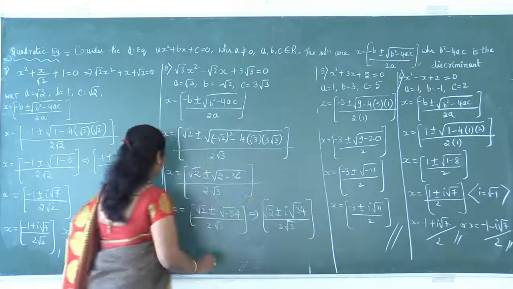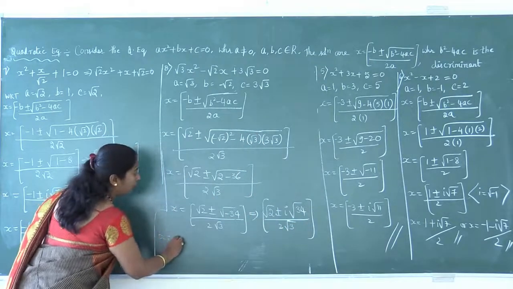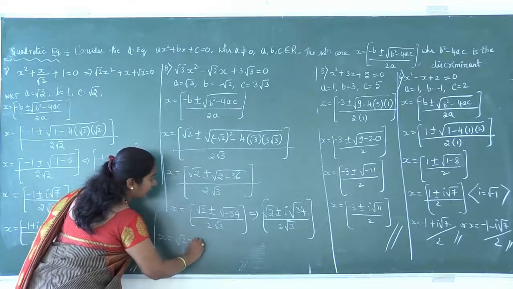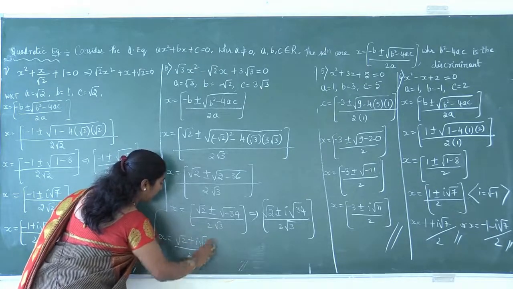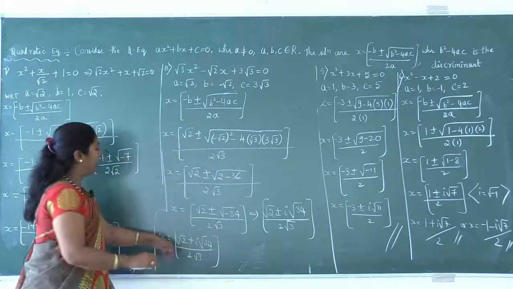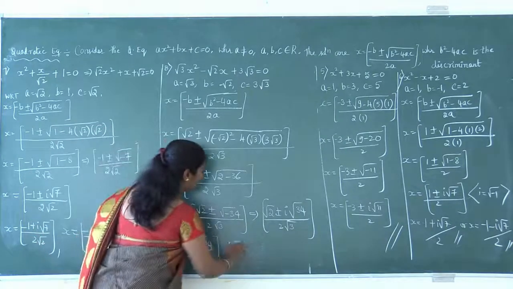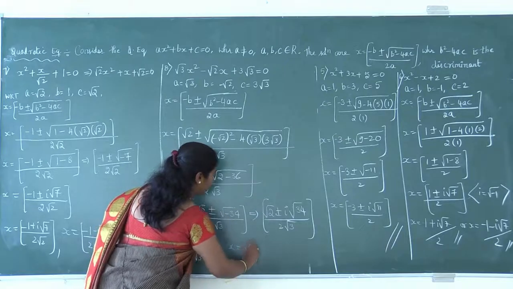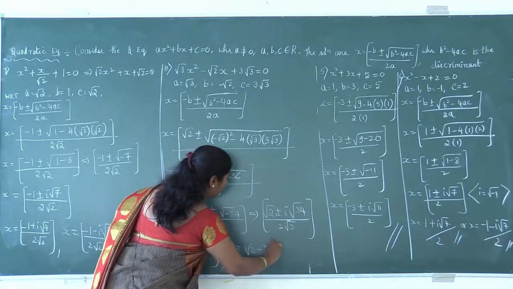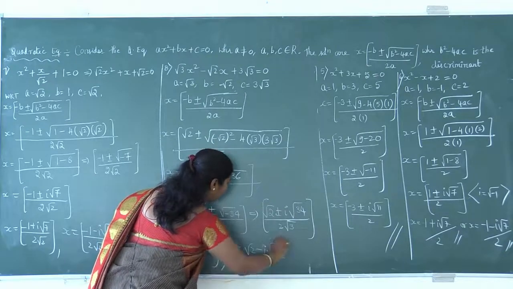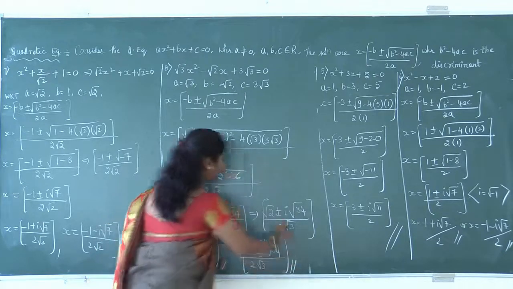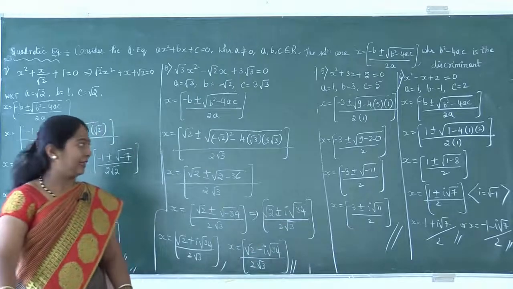So what is the answer? x is equal to root 2 plus i root 34 divided by 2 root 3, for the positive value, and one more solution is x is equal to root 2 minus i root 34 divided by 2 root 3. One for positive and the other one is for negative terms.